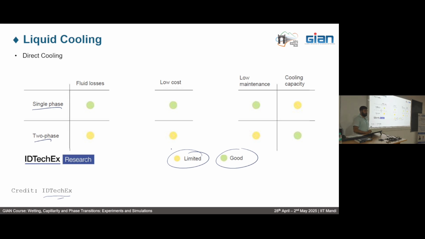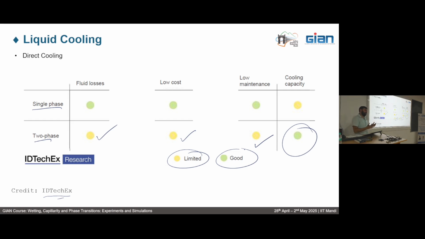If we talk about fluid losses, in two phase there are more fluid losses. It is also not low cost, it has high cost, because we need an extra phase change to occur within the device. It has high maintenance, but the cooling capacity of this is good. So that is the only advantage.